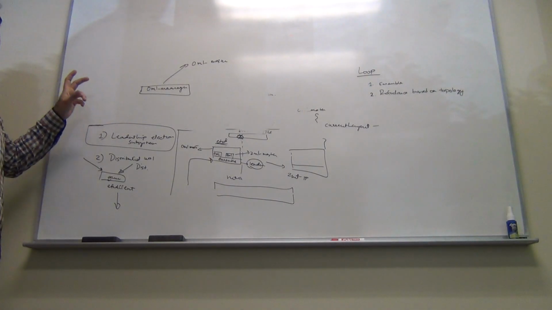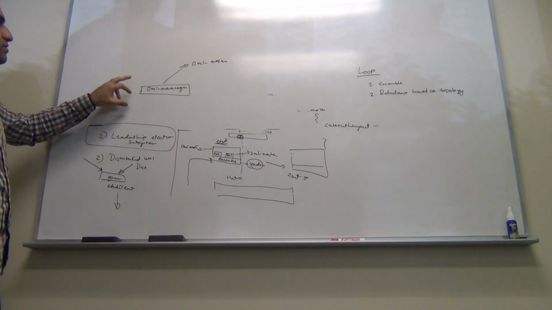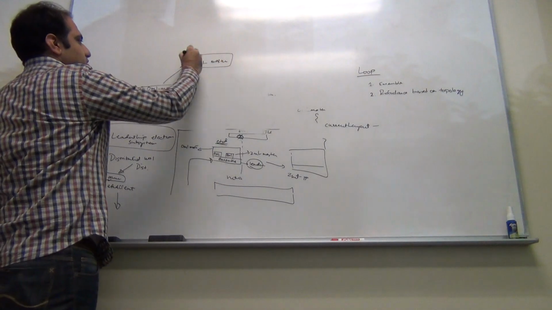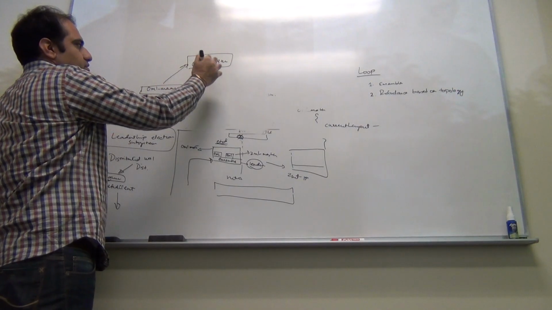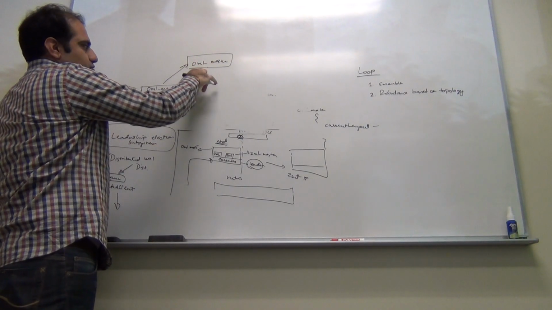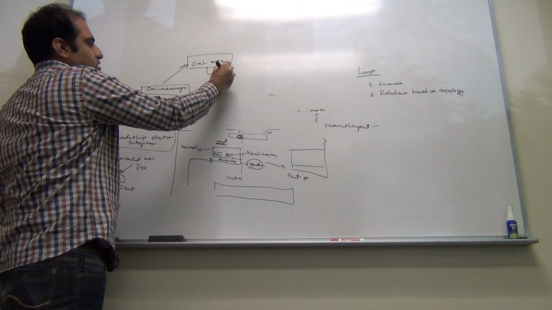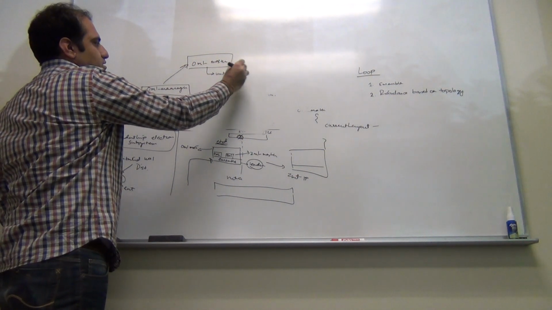But if you have a single node system, what happens is when you reboot it, the master comes up and the master starts off. So let's say the master starts off by saying my state is unbalanced, right?